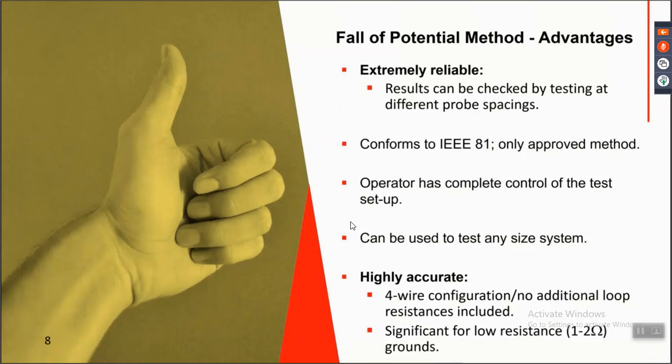It can also be used to test any size system, small, medium, and even large systems, and it is still valid to get the true measurement with this method. And it is highly accurate, significant for low resistance, in 1 up to 2 ohm ground value.